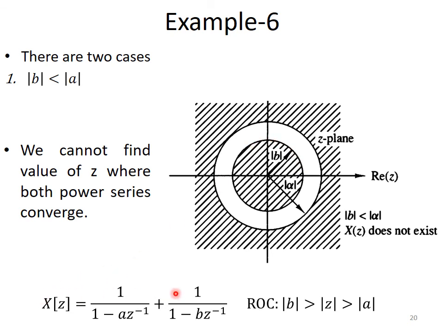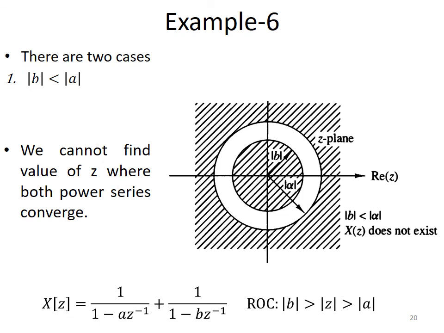Now for this entire series to converge, we must have some common area. So in this scenario, we do not have any common overlapping region. The first part converges outside the circle and the second part is converging inside the circle. So we can say the entire series is not converging for any single common value of z.